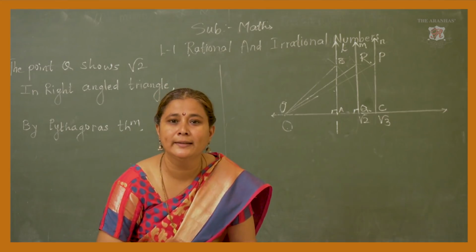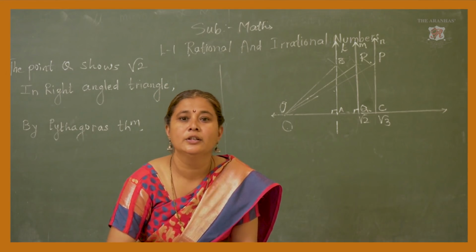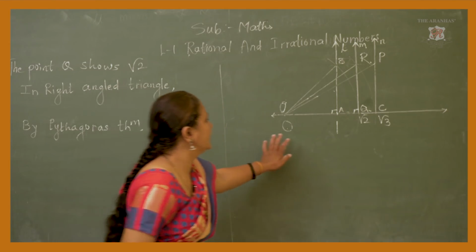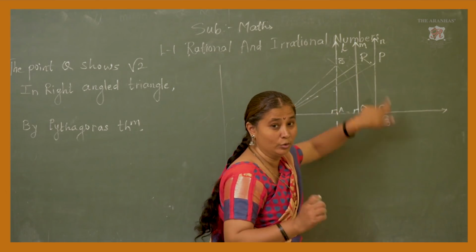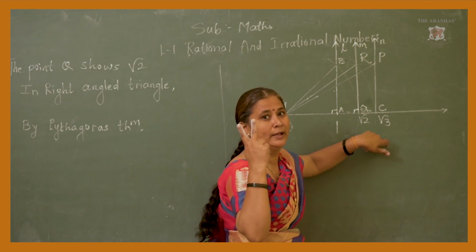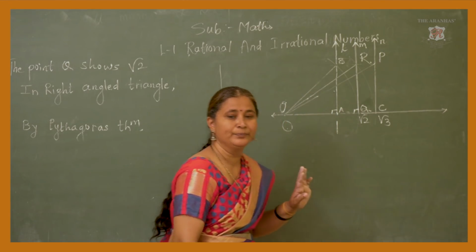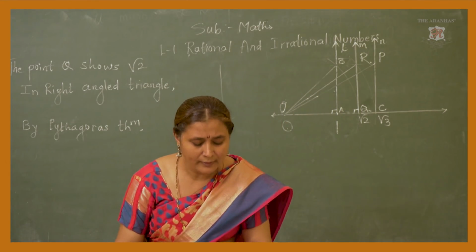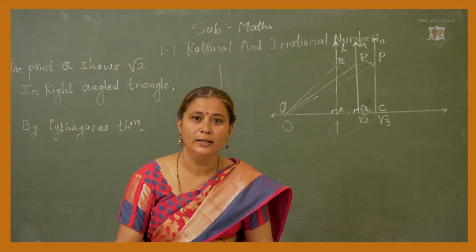So you try this sum on the number line to get root 5 and solve it. Here root 3 we are getting, after that root 4. Root 4 means 2, and after 2 you will get root 5. Understood? Okay. So try this sum, practice more sums at home and solve the activities.